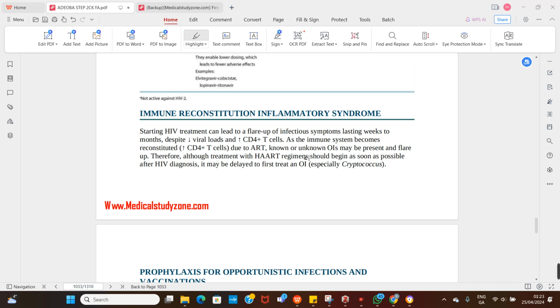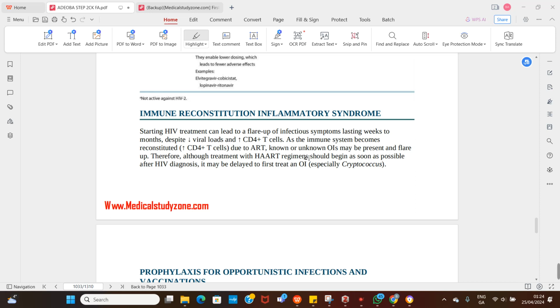So if we place an individual on HAART and we have a sudden elevation of the CD4 cells, that can provoke a rapid, strong immune response, an inflammatory response, which can awaken some underlying opportunistic infections or even bring about new conditions. Most of the time they are infections. Sometimes it can be autoimmune disease, like a rheumatoid arthritis flare, a flare of SLE, a flare of sarcoidosis. But most of the time we talk about immune reconstitution inflammatory syndrome with respect to infections.